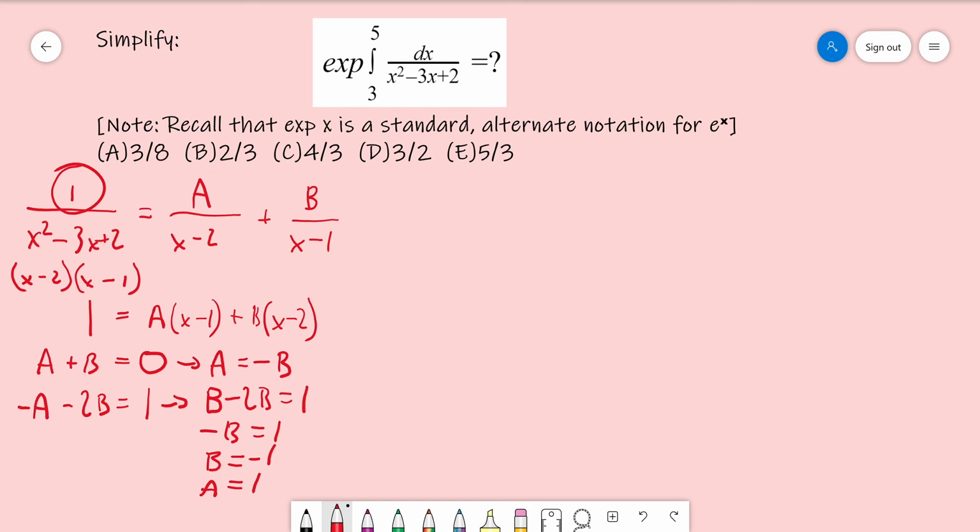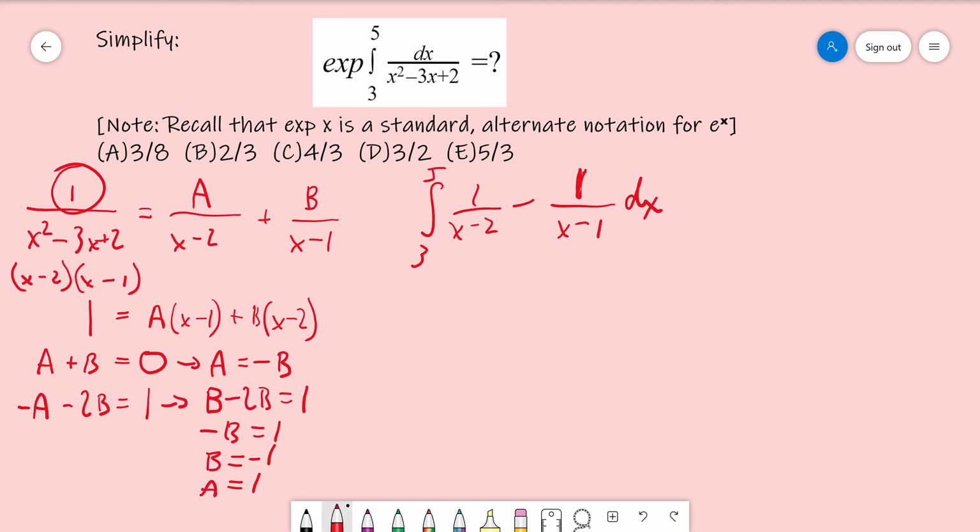So we can rewrite this integral as the integral from 3 to 5 of 1 over x minus 2, plus negative 1, I could just write minus 1 over x minus 1 dx.